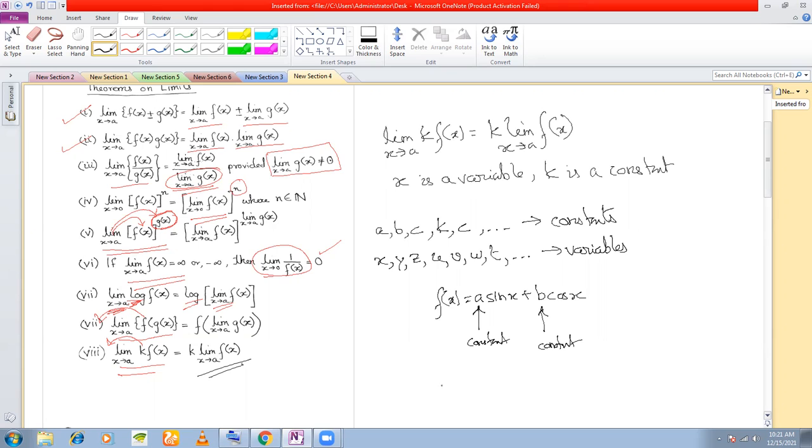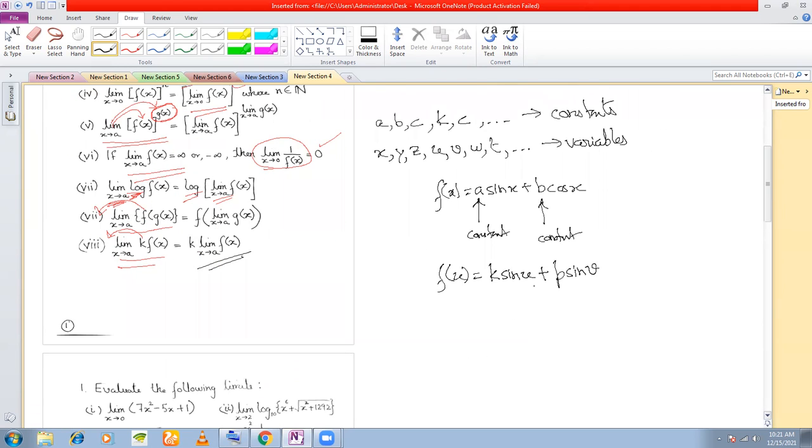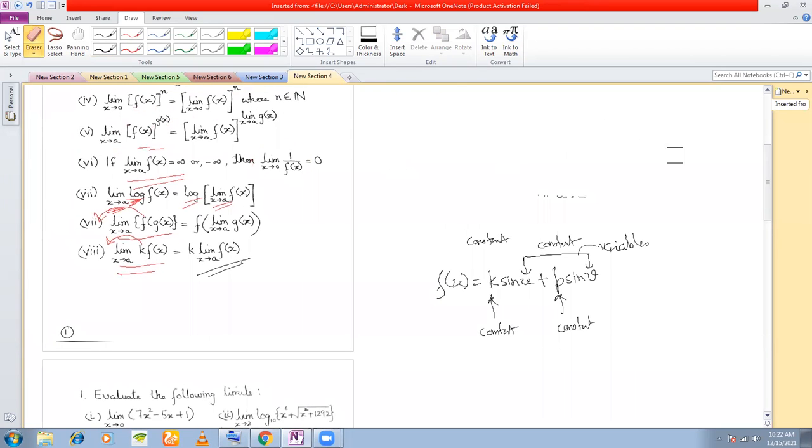Or if a function is given as f(u) is equal to k sin u plus p sin v, you must understand that p is a notation for a constant, k is a notation for a constant, and u and v are variables. So there are certain standard notations for variables and constants. With this idea, let us move to the problems on limits.